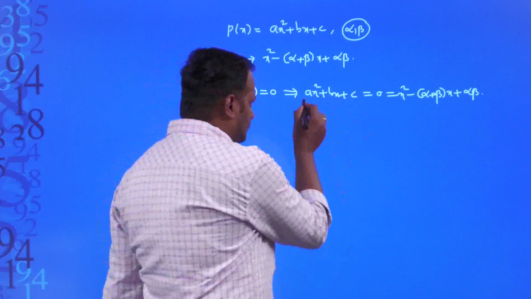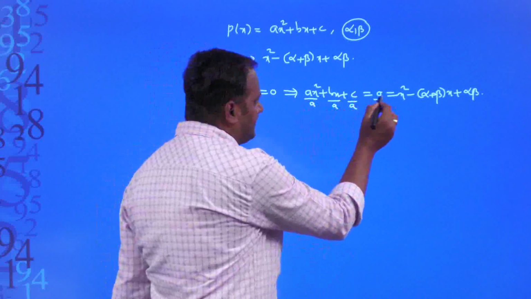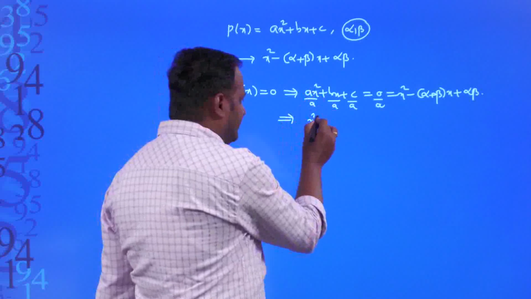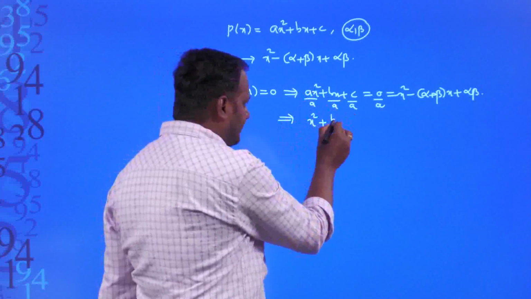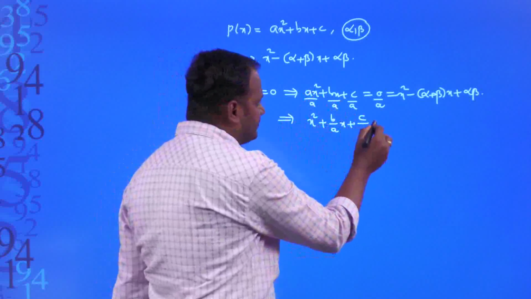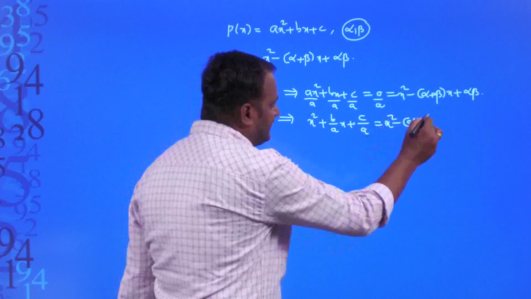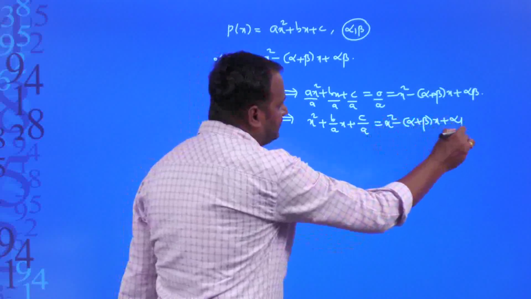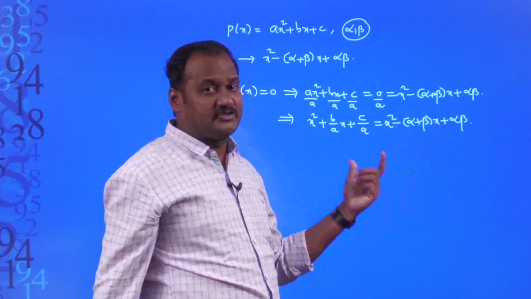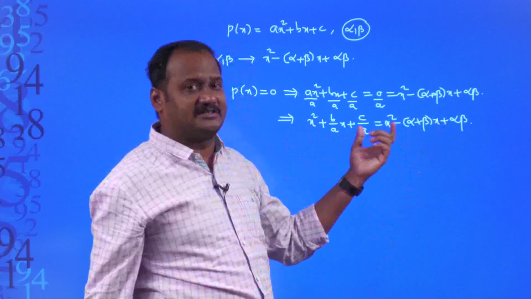Both are the same. Then ax square by a would be x square plus bx by a would be b by a into x plus c divided by a is going to be x square minus of alpha plus beta times x plus alpha into beta. Since these two second degree polynomials are the same, their corresponding terms are the same.